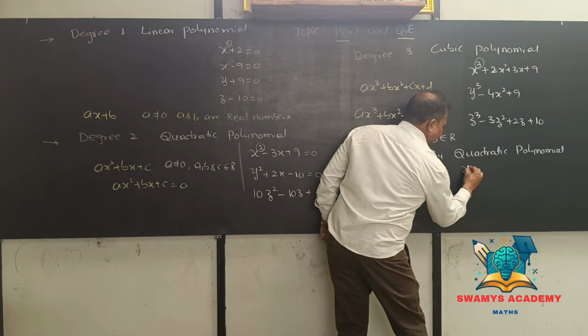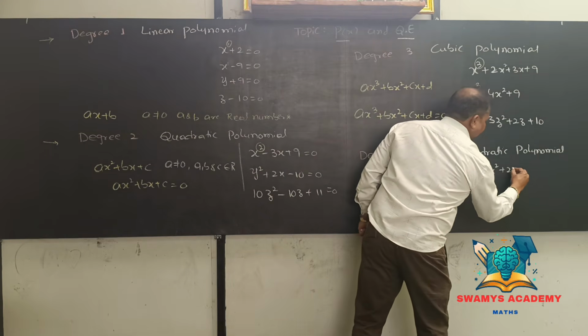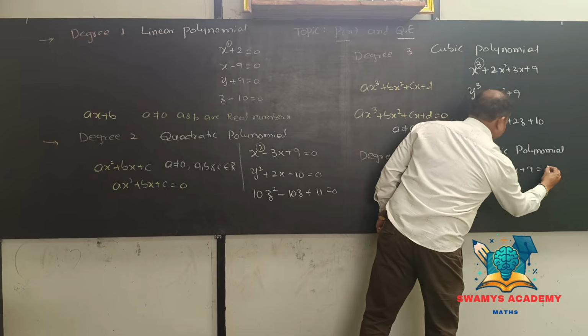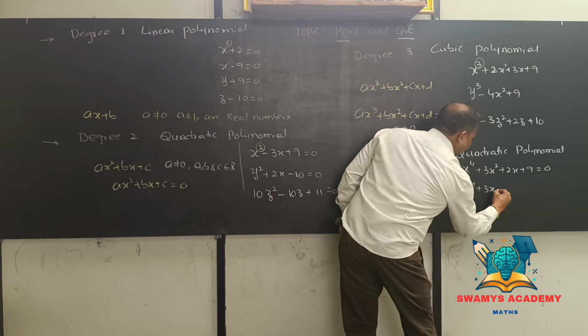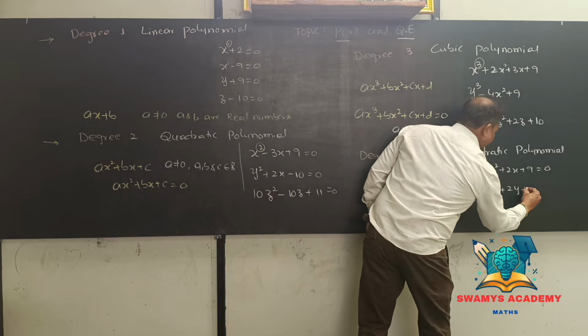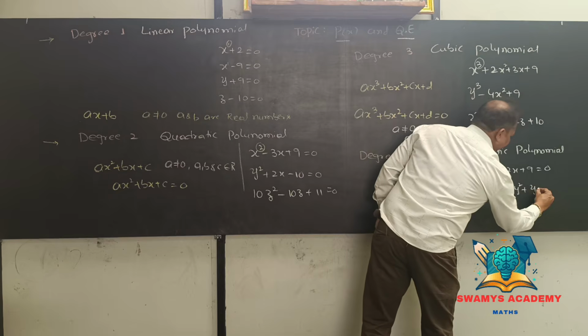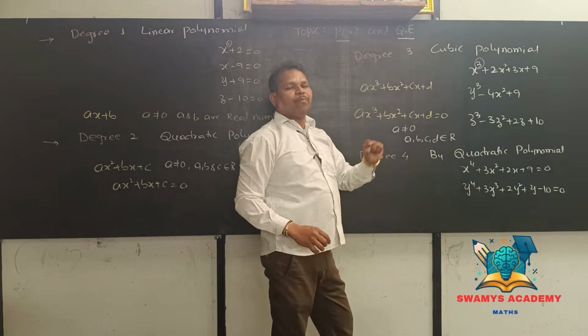Example for that: x to the power of 4 plus 3x square plus 2x plus 9 equals 0. y to the power of 4 plus 3y cube plus 2y square plus y minus 10 equals 0. These are examples of the biquadratic polynomial.